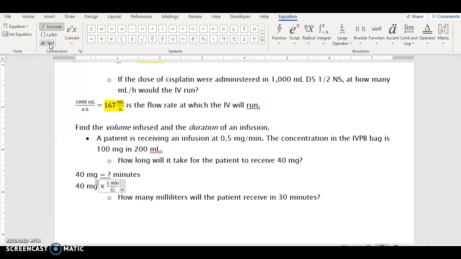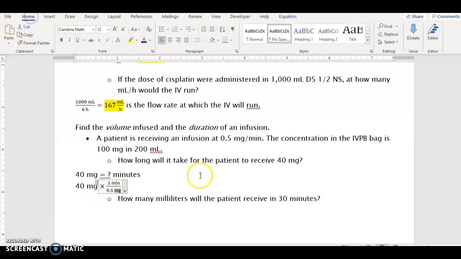So 1 over 0.5 milligrams. All right, so if we want to eliminate the units of milligrams and convert the 40 milligrams into minutes, we've got to multiply by 1 divided by 0.5. Okay, so we eliminate the units of milligrams.